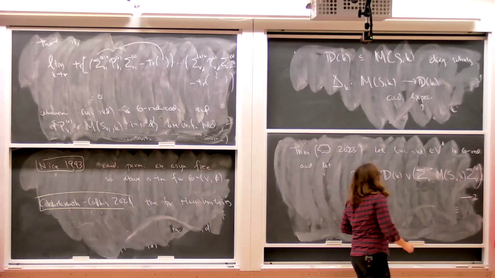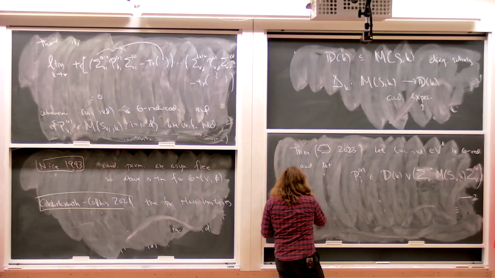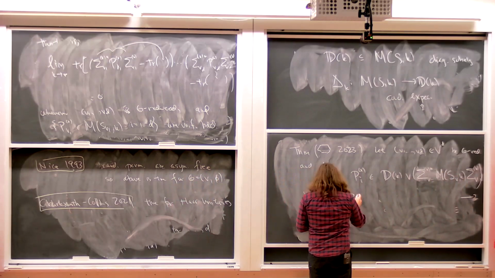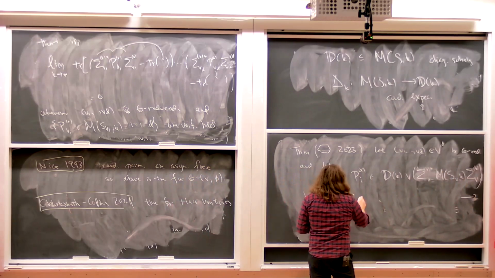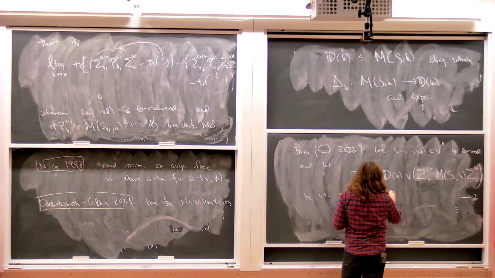Okay. And be uniformly bounded: the sup over i and k of their norms is finite.